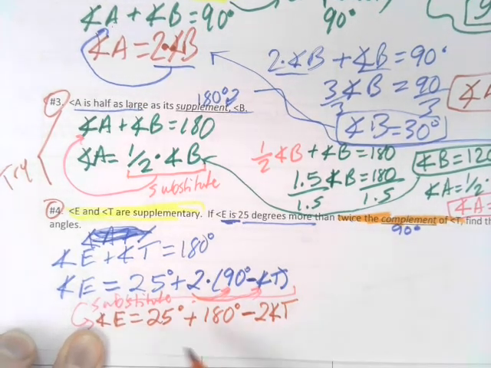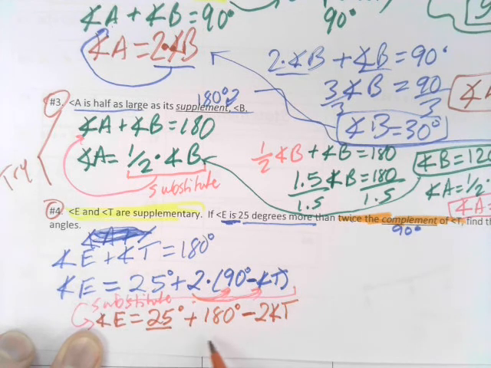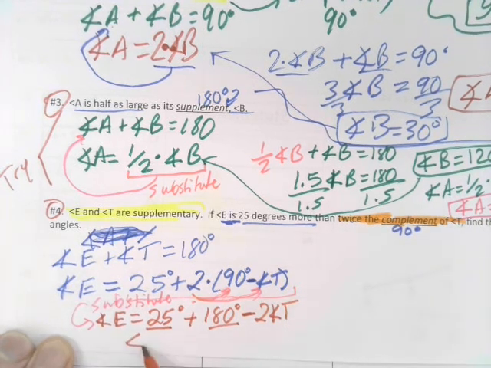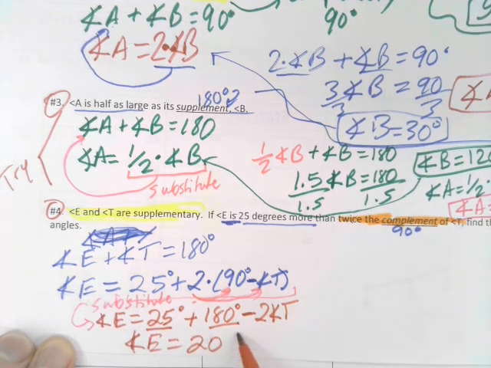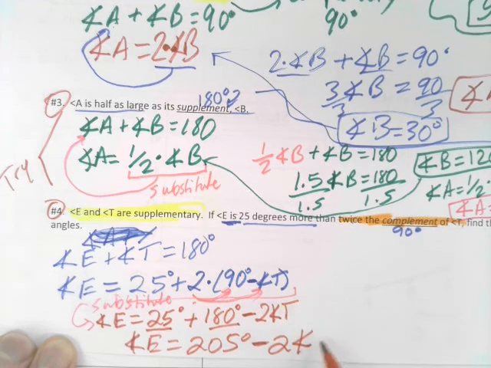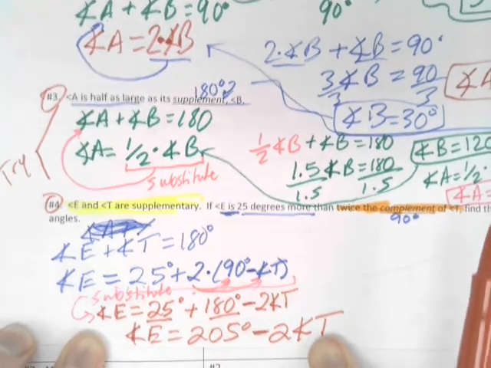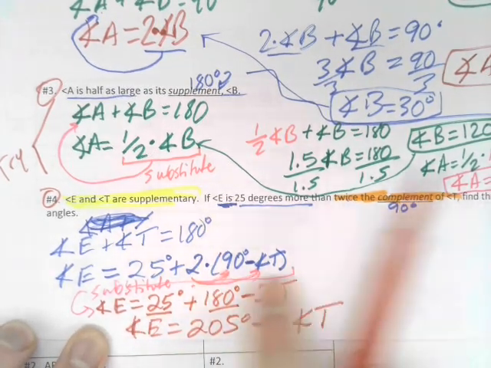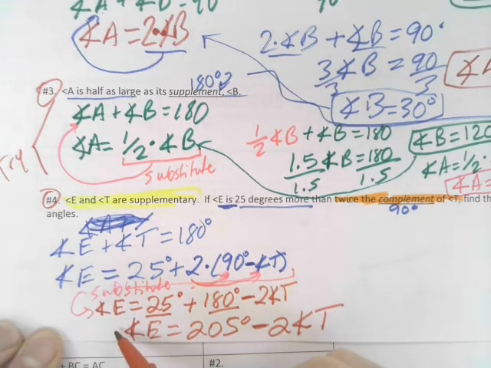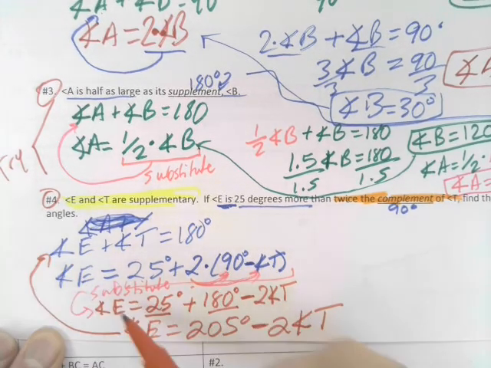And so to really simplify, we could do one more thing, 25 degrees and 180 degrees. That means angle E is going to be, add those together, 205 degrees minus 2 angle t. And that is a heck of a lot nicer looking thing to plug in and substitute for E.